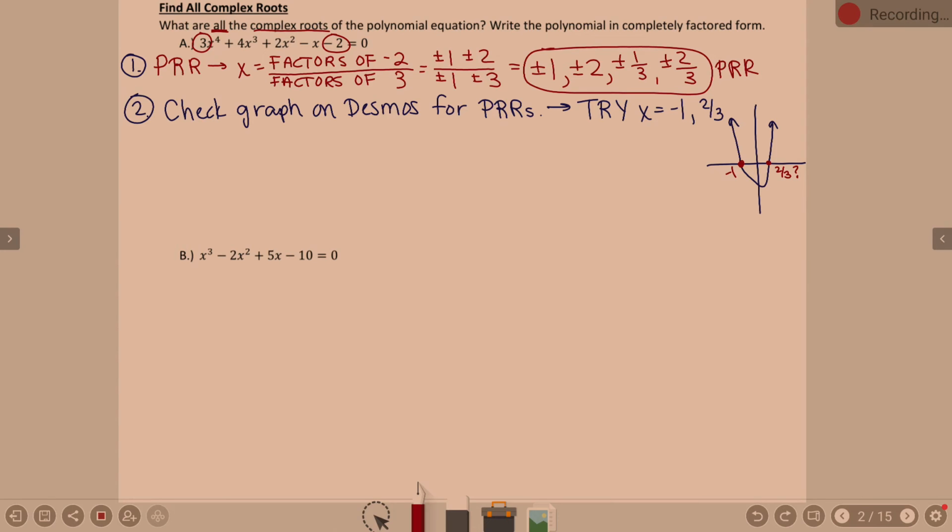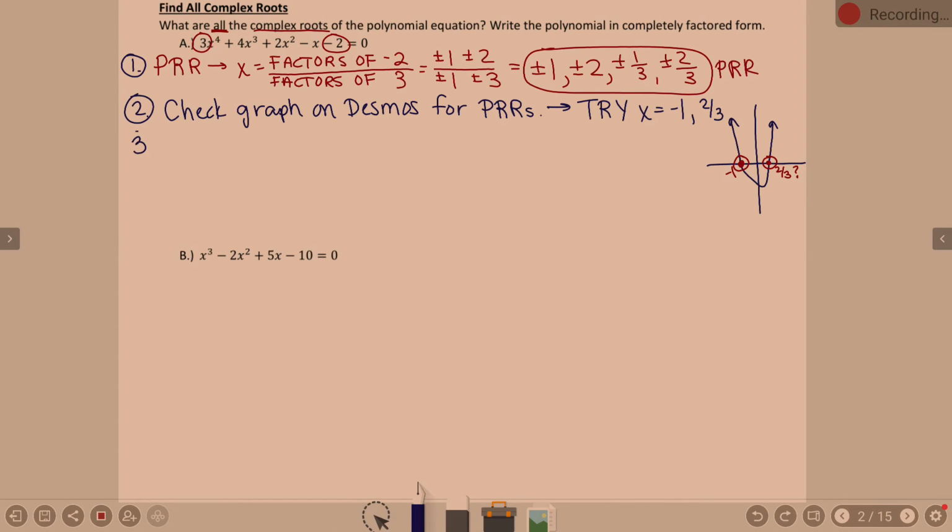It's a pretty solid guess there. So this is what we're going to use to get our values to check. Or if you prefer, synthetic division and check all 8, right? No. I'm going to go with Desmos as it's going to be a quicker route when you're doing this on your own, now on the homework.